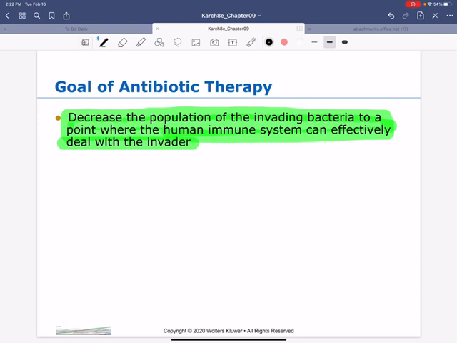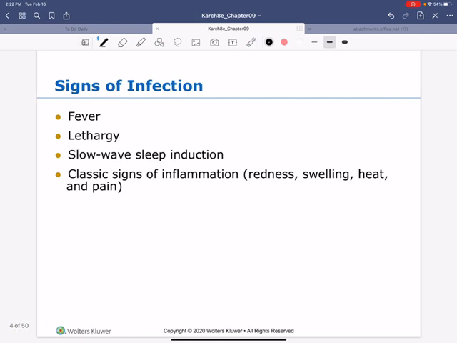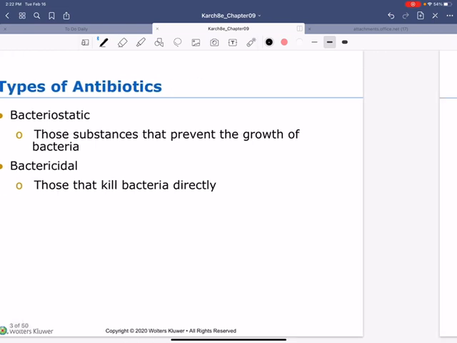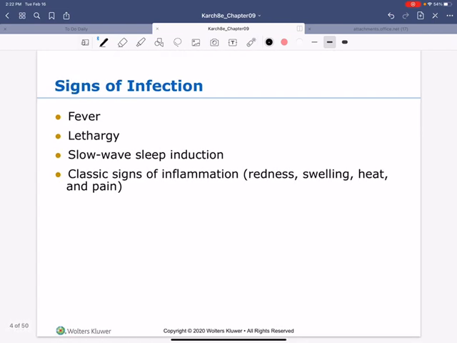going on. So I talked about in the other slides basically what antibiotics were, the types: bacteriostatic, bactericidal, that kill bacteria or that prevent the growth. So I'm not going to spend a lot of time on that, but just know signs of infection are fever, tiredness, not sleeping well, and inflammation.